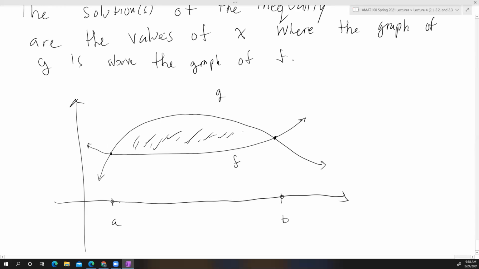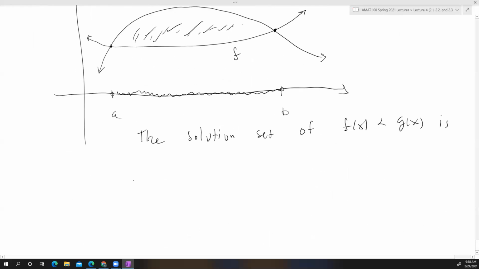But anything between a and b is a point where the graph of g is above the graph of f. So we can conclude from this picture that the solution set of the inequality f of x is less than g of x is the interval a comma b.